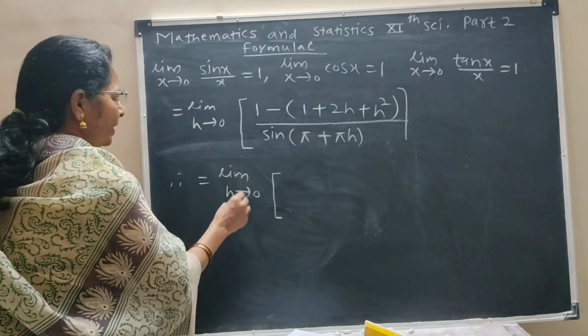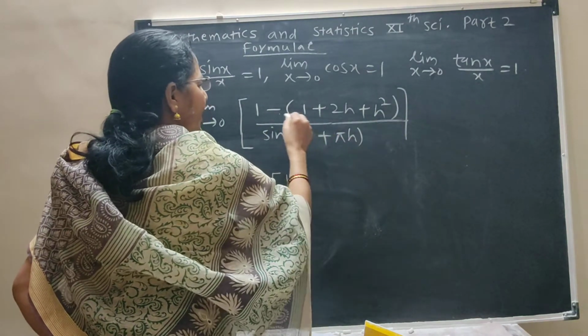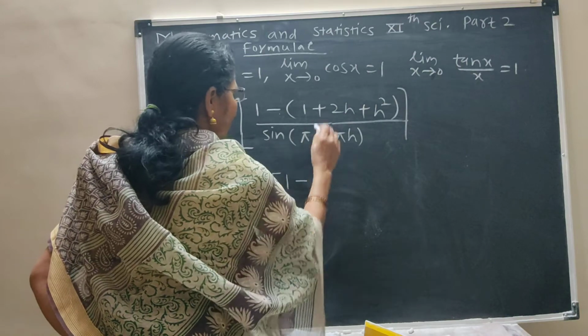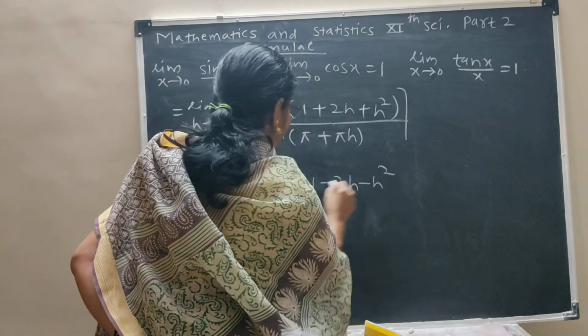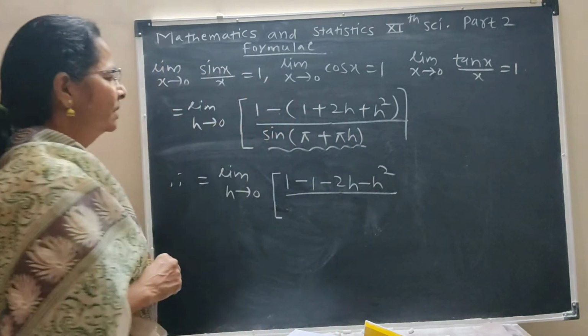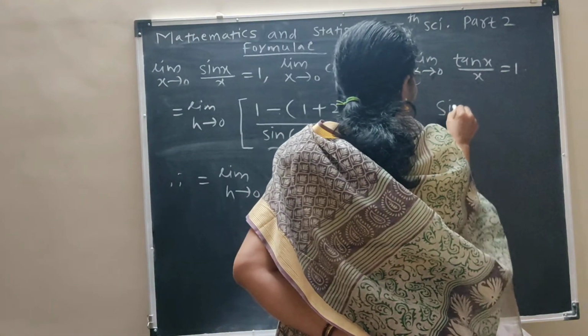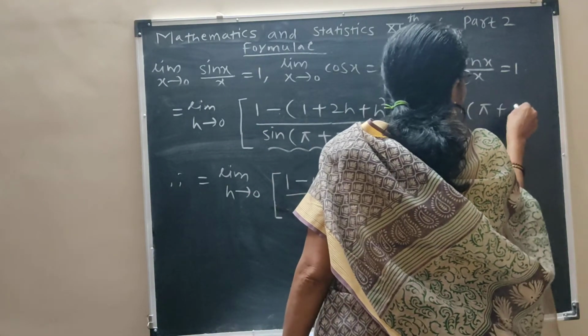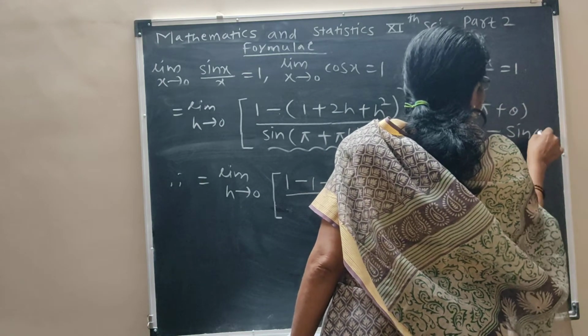Therefore limit as h tends to 0, 1 minus 1 minus 2h minus h square, upon sin of pi plus pi h. Sin of pi plus theta is equal to minus sin theta.